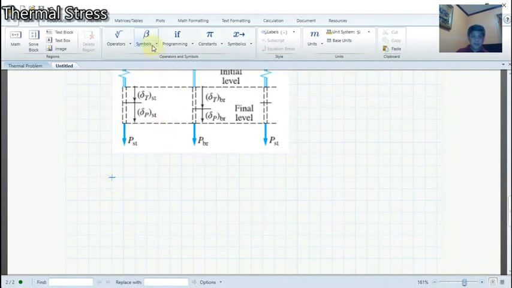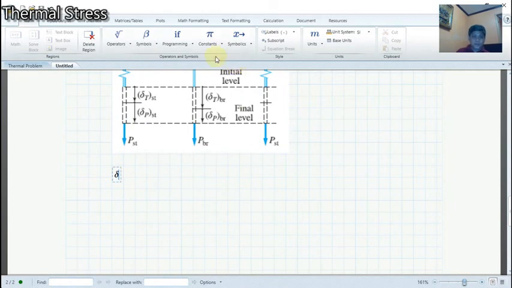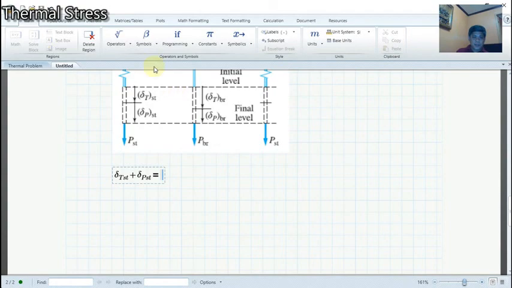From the figure, let's call the elongation due to temperature of the steel δ_ST, plus the deformation from tension of the steel, is equivalent to the combined deformation for the bronze: δ_T plus δ_P.